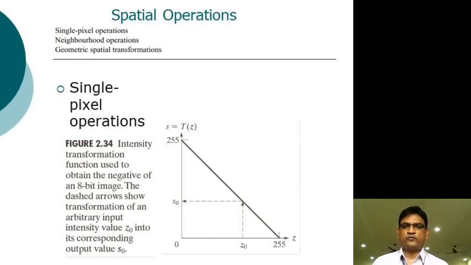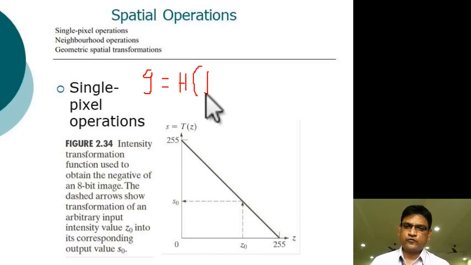Next, the type of mathematical tool is the spatial operations, which involve three categories: single pixel operation, neighborhood operation, and geometrical spatial operation. For single pixel operation, as I said earlier, G equal to H of F. This is the input image, and this is the output image, and H is an operation.